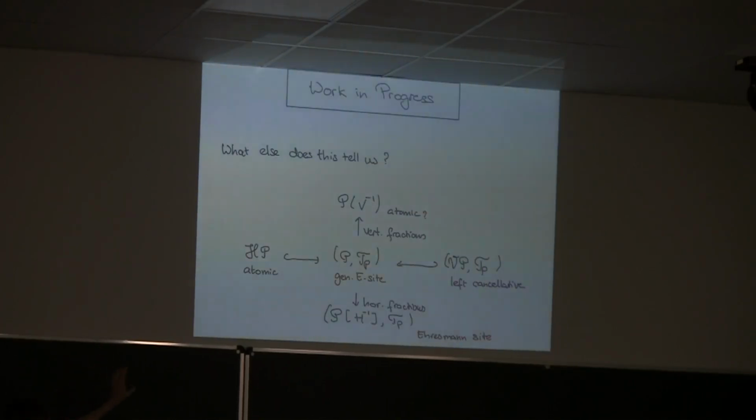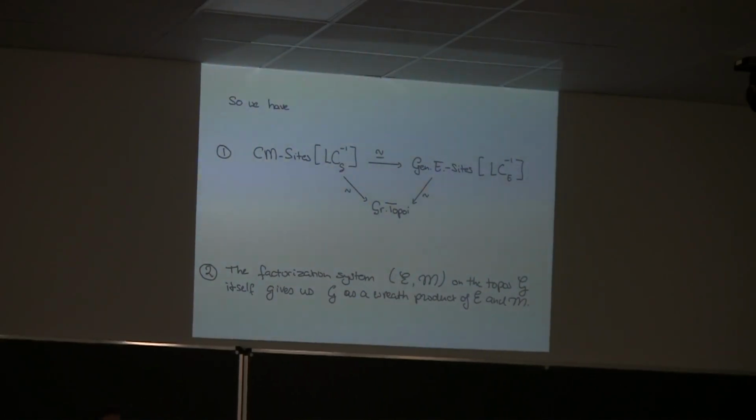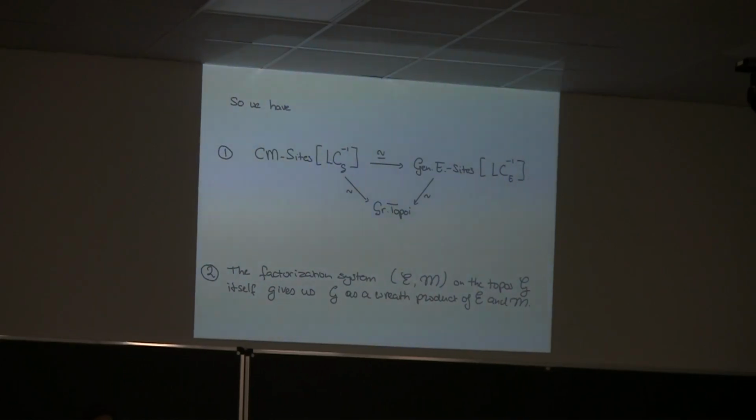But another reason, well, we may stop this here for a second. Here first this one. If I have a factorization system on the category, then Street and Mack tell us in their second paper on the formal theory of monads that I get a Rees product. Now, the Rees product doesn't come in the way I wrote it here, because I need to take isoclasses on the M part.